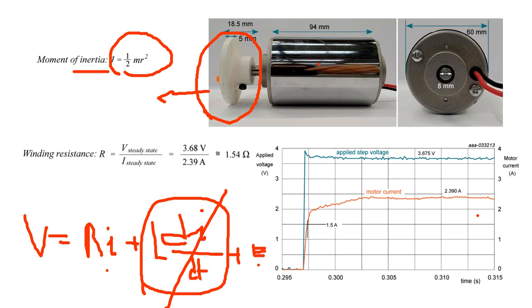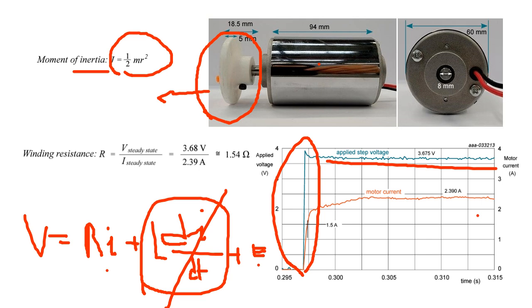If you operate at steady state condition, it means that this is steady state. These are transient, the instantaneous starting moment. These are steady state. At steady state time, you can measure using a multimeter or current sensor or voltage sensor, etc. Apply a step voltage of 3.675 volt.